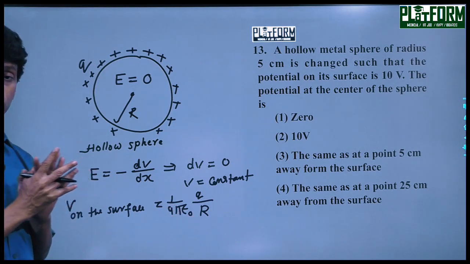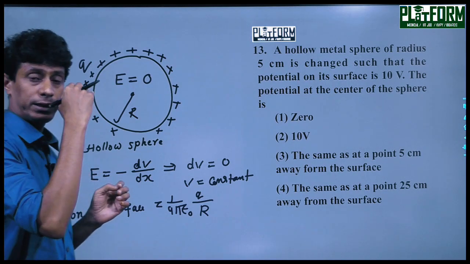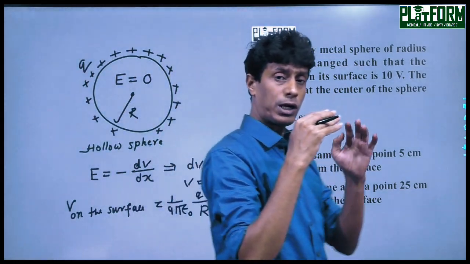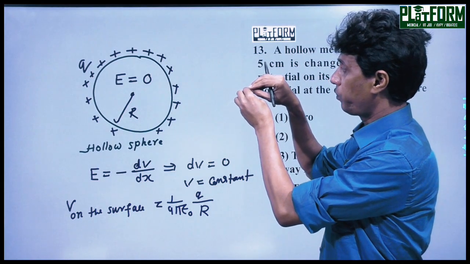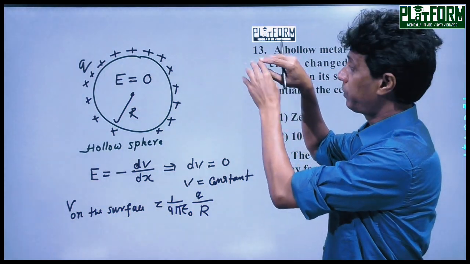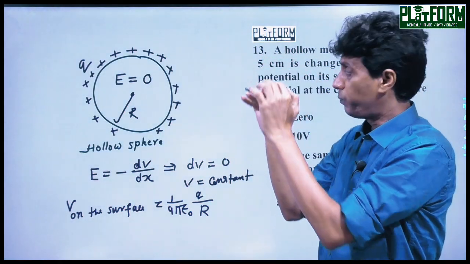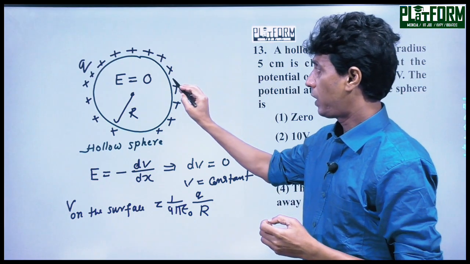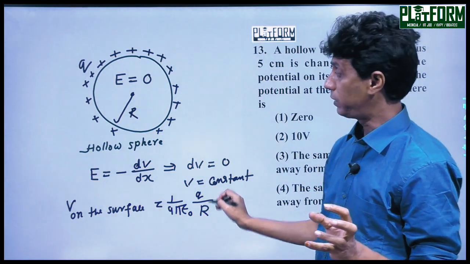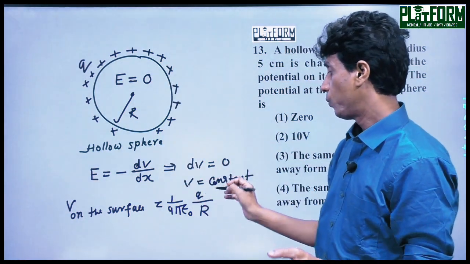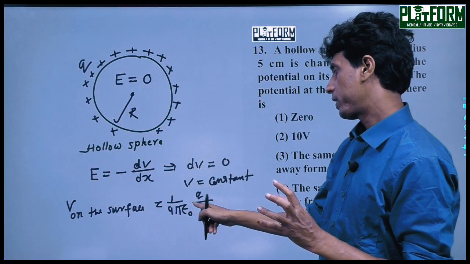And the surface is also part of the body. It is the outermost point, if we proceed from inside along the radius, and any point on the surface is the outermost point on the body. If the potential at the outermost point of this body is 1 by 4 pi epsilon 0 q by r, then the potential at any point inside will remain constant. So the potential at any point is also 1 by 4 pi epsilon 0 q by r.